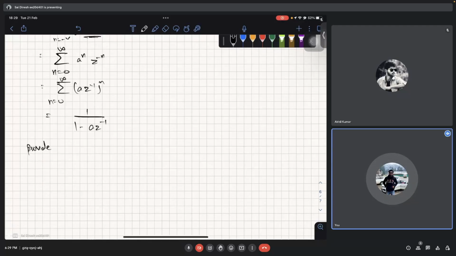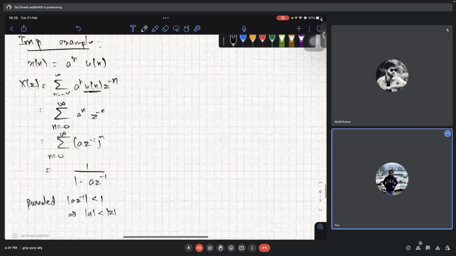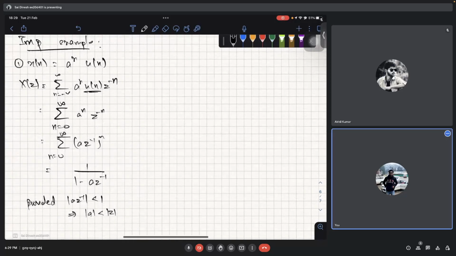This converges provided mod a z inverse is less than 1, which implies mod a is less than mod z. This is clear.